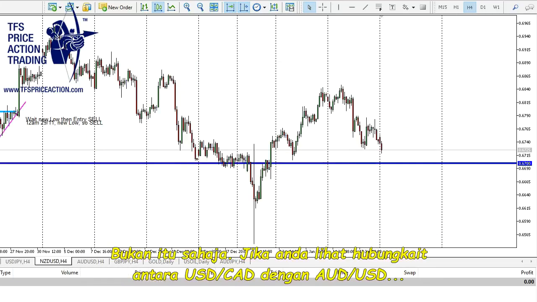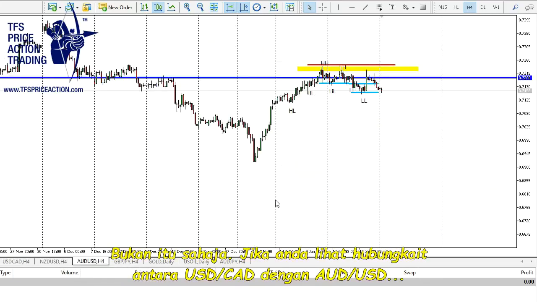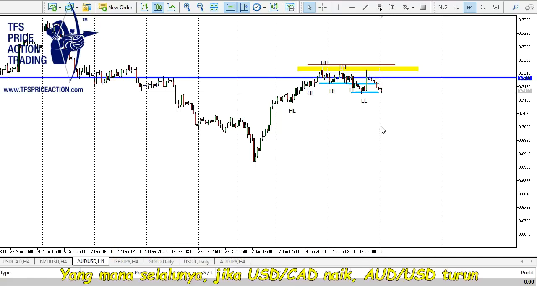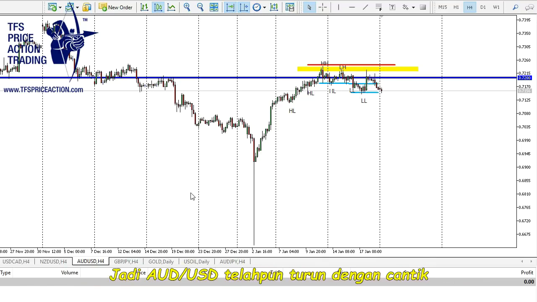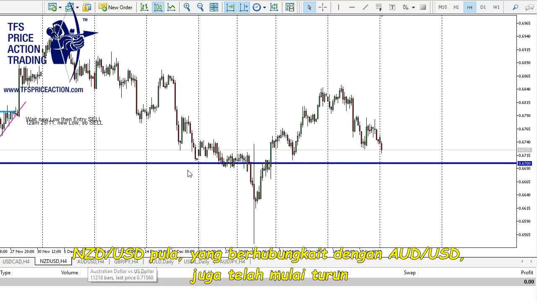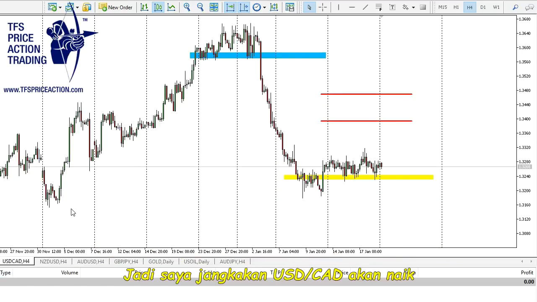Not only that, if you see the correlation with AUD USD, usually when USD CAD goes up, AUD USD goes down. So the AUD USD has been going down steadily. NZD USD, which is correlated to AUD USD, has also started to fall. So I'm expecting USD Canadian dollar to rise up.